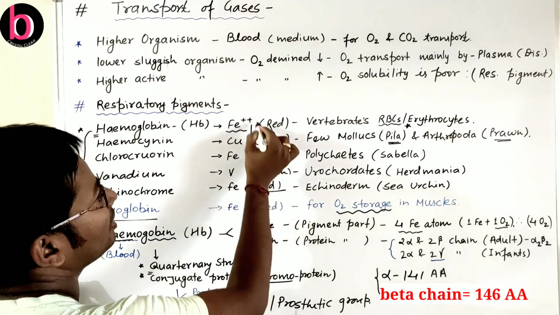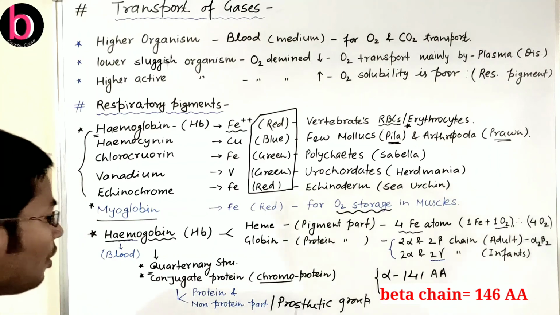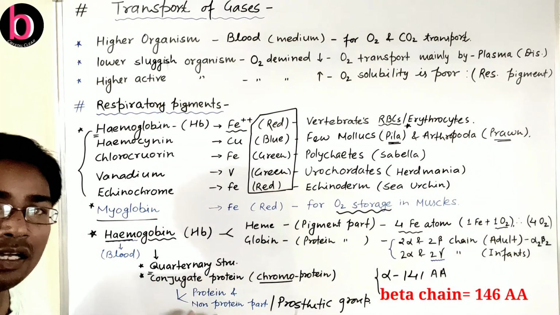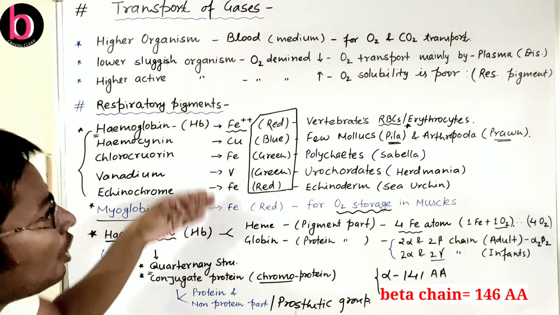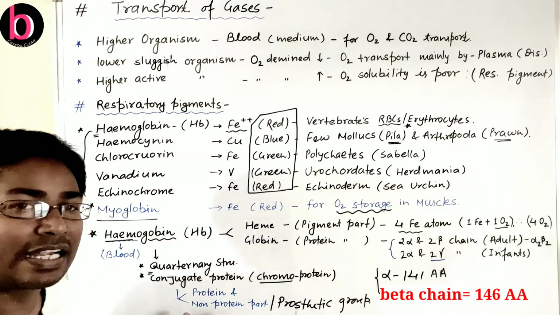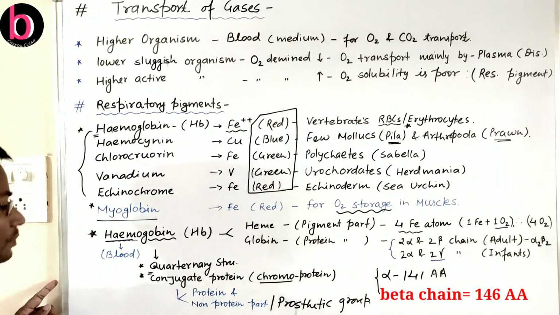Here you can see all of them carry a specific color. Now conjugate proteins are those which are made by protein and non-protein parts. So all of them carry metal ions, that is the non-protein part or prosthetic group.